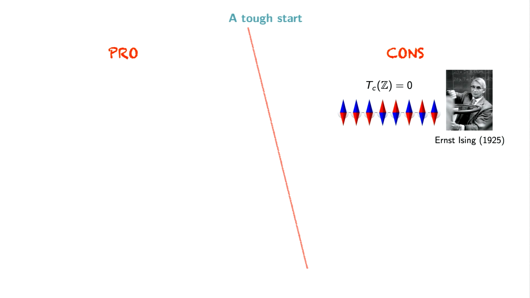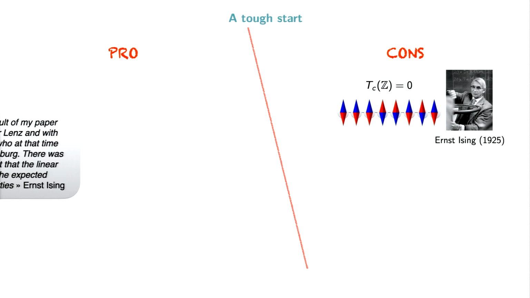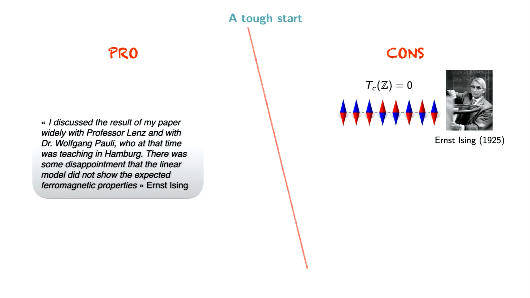Meaning as soon as you tune the temperature, you have 0 spontaneous magnetization. So in some sense, one-dimensional Ising magnets do not exist. They always magnetize. So that was a pretty bad start because, if you want to explain ferromagnetism, you would like to have this critical temperature be strictly positive. At the time, Ernst Ising was pretty depressed about this discovery.